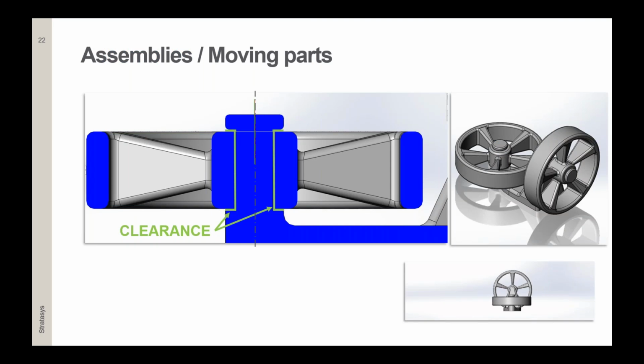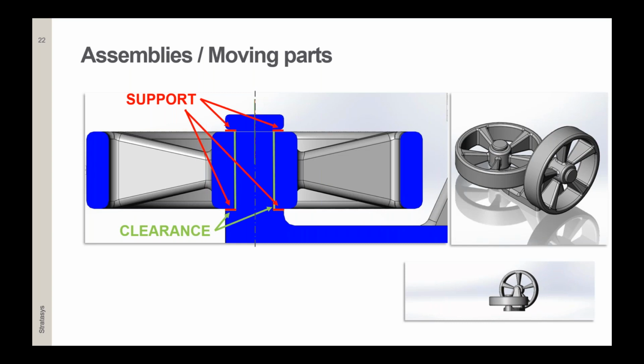As an example, we take this part on the right side and just make a cut along Z-plane, shown in blue color. First, we have a horizontal and vertical clearance, which lets our parts move. Vertical clearance is where the support material is marked here in red, and depends on the slice height we use to print the part.